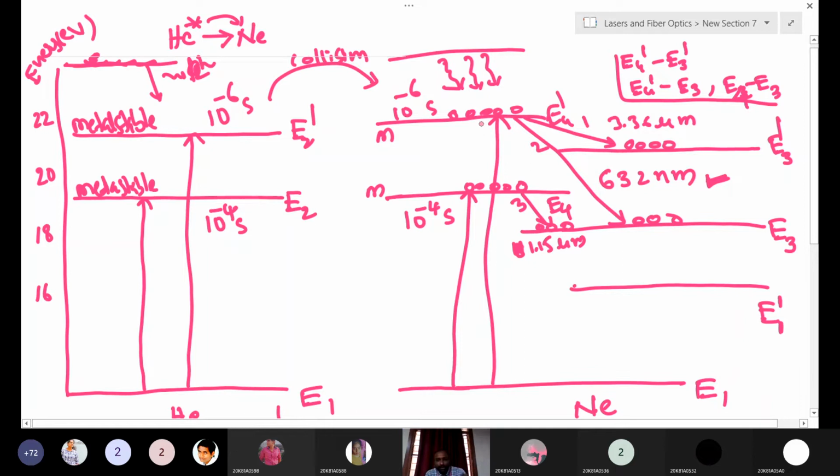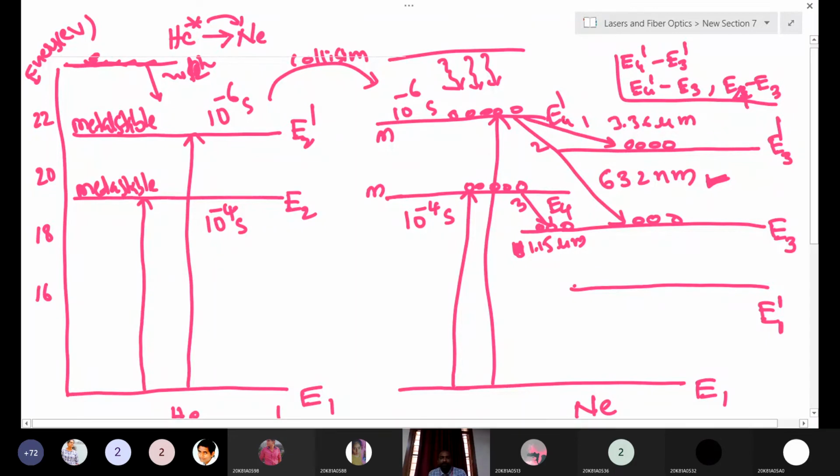Whatever photons are emitted in the spontaneous emission process trigger the stimulated emission process. Once triggered, three different transitions take place during stimulated emission between these neon energy levels.